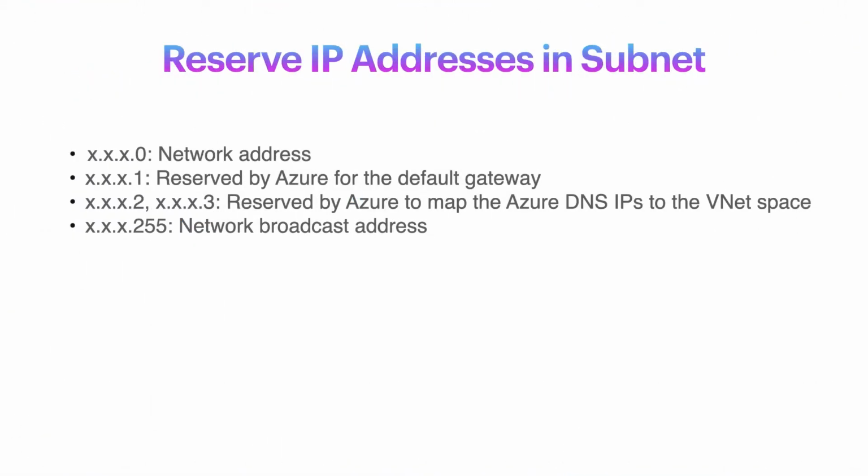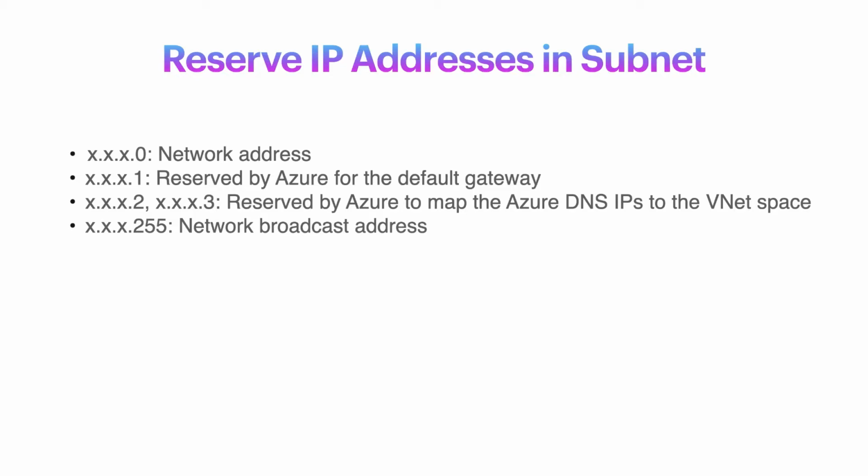The reason for that is Azure reserves 5 IP addresses from your subnet. So for any subnet which you create, 5 different IP addresses are going to be reserved by Azure. And what are those 5 IP addresses? One is, the very first IP address is your network IP address. The next IP address is reserved by Azure for the default gateway.